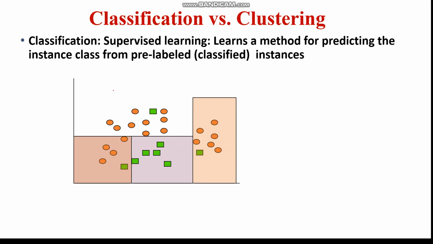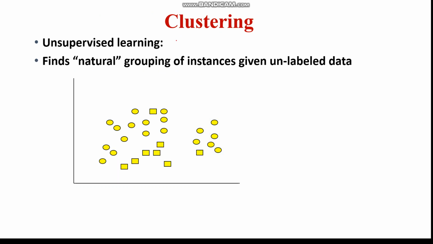So let's discuss the difference between classification and clustering. Classification is a supervised learning technique in which we talk about identifying the instances of classes from pre-labeled data. On the other hand, clustering is an unsupervised learning technique which finds natural groups for instances of given unlabeled data. So it works on similarity.